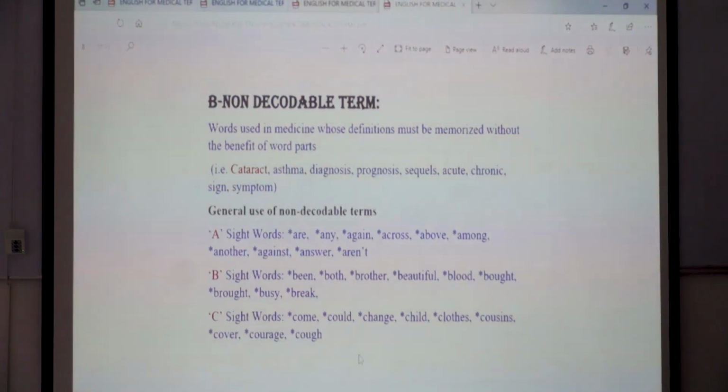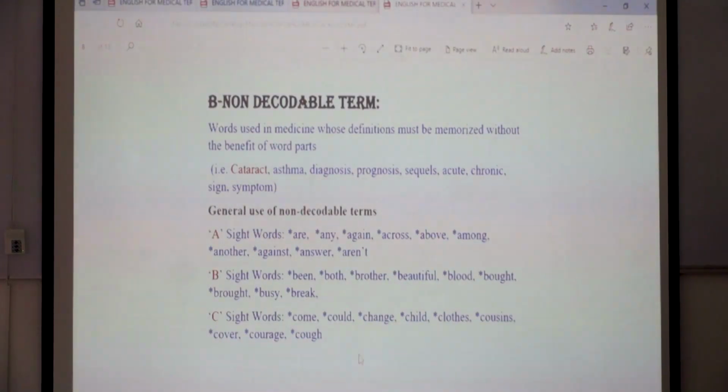We come to the non-decodable. The non-decodable is a term you can't divide or break down. It comes as it is, like words used in medicine whose definitions must be memorized without the benefit of word parts, like asthma, cataract.